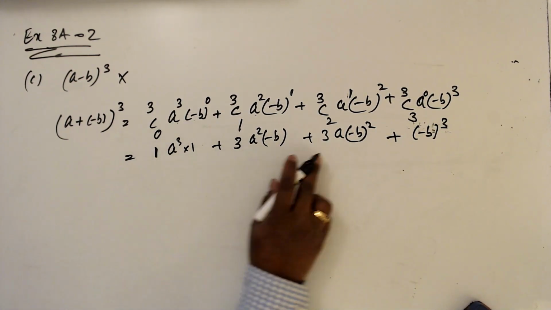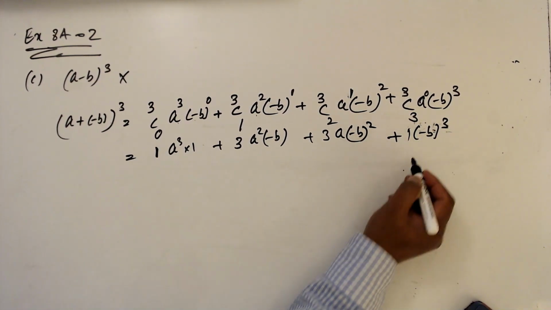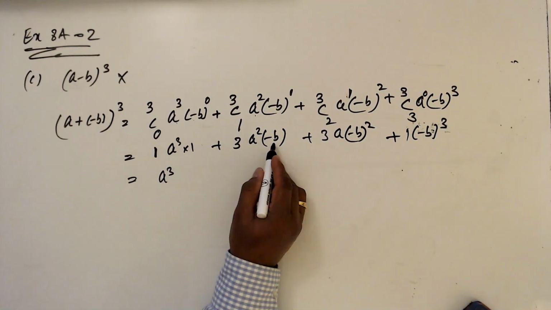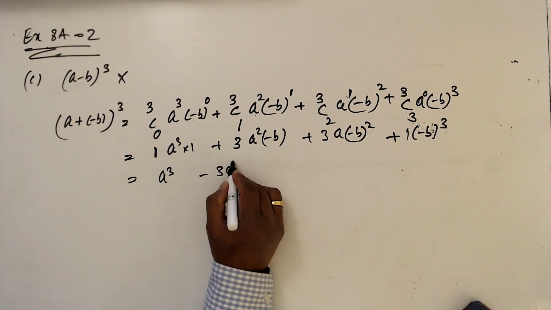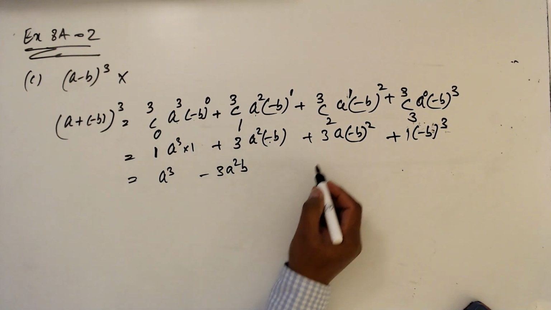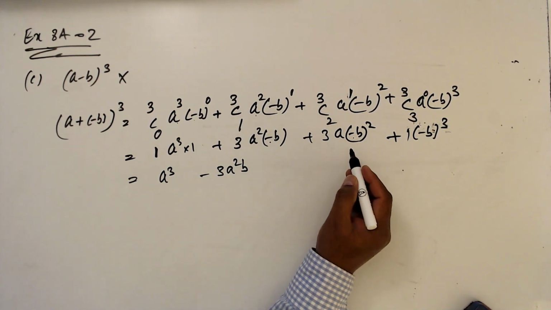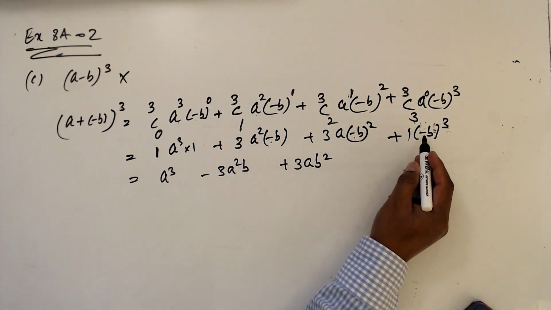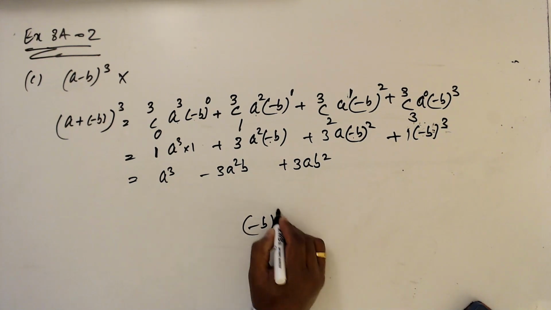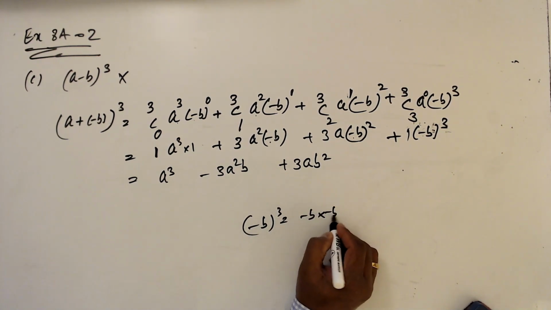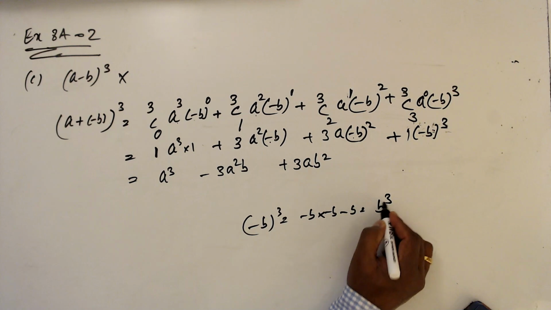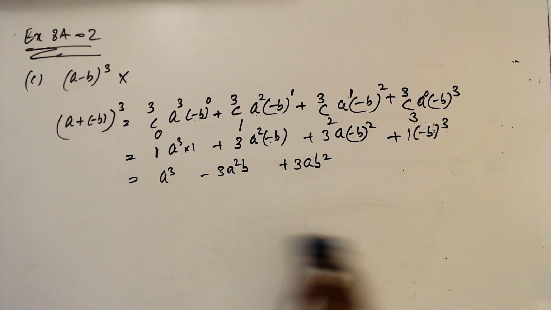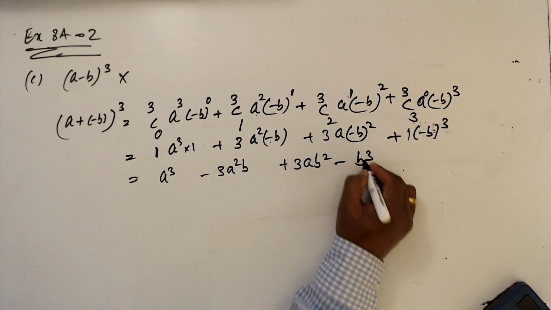And now we know the coefficients. Now we'll simplify. This is A cubed, this is minus 3A squared B, because minus times minus B becomes plus B, then plus 3AB squared, and this is minus B to the power 3, minus times minus plus times minus, so minus B cubed.